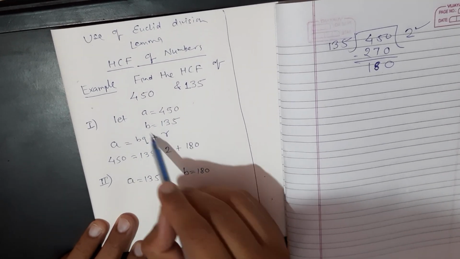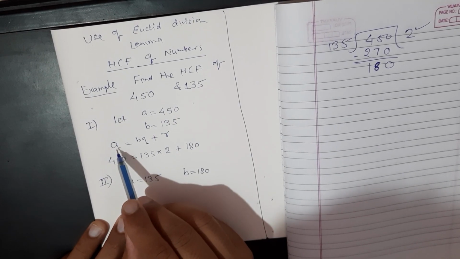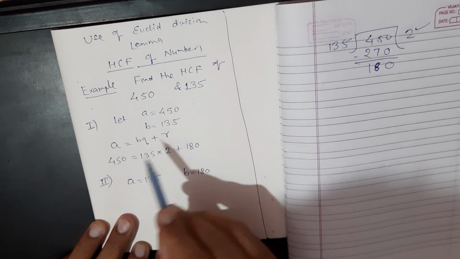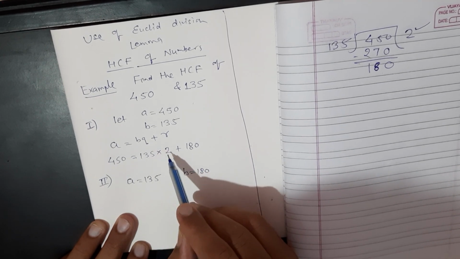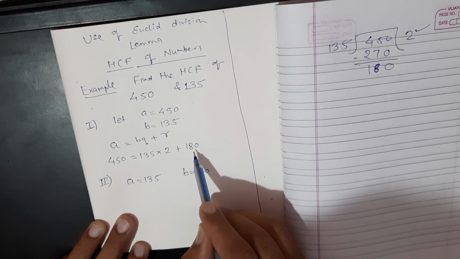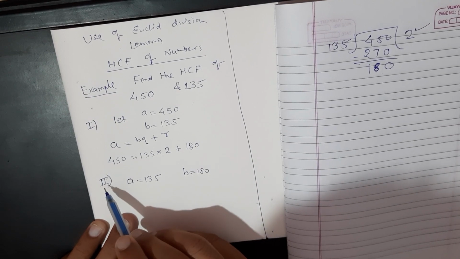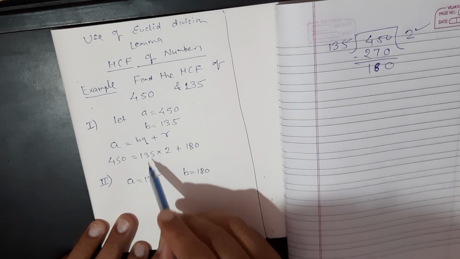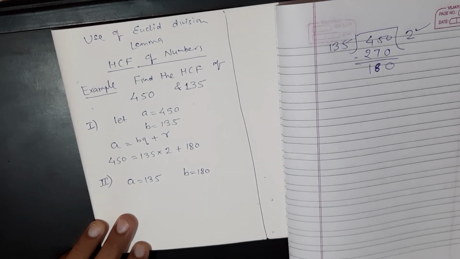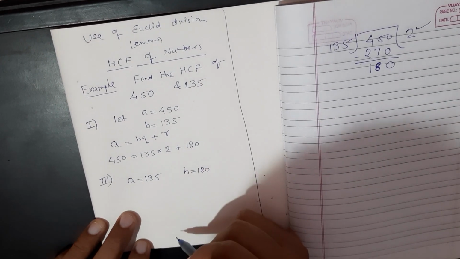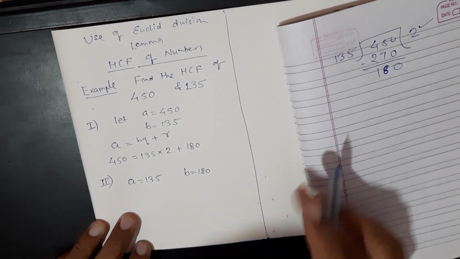After using the first procedure and arranging in A equals BQ plus R, A is 450, B is 135, quotient was 2 and remainder is 180. In the next step, your B will work as A and your remainder will work as B.